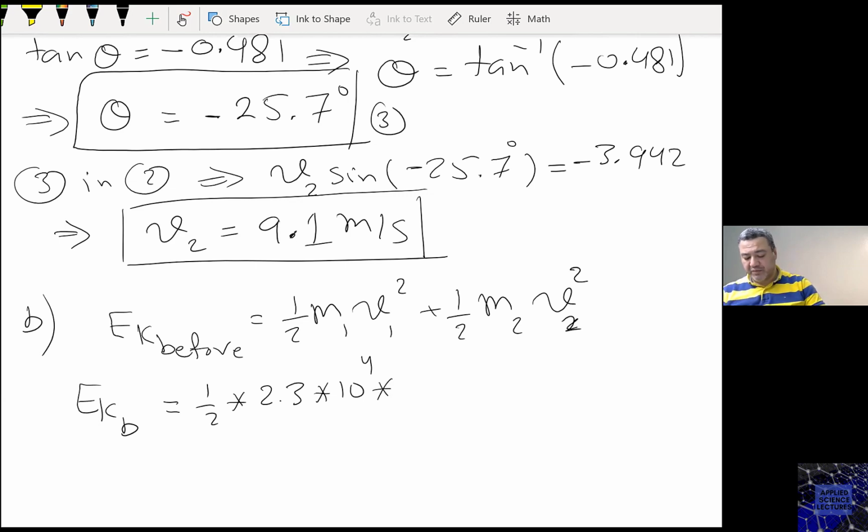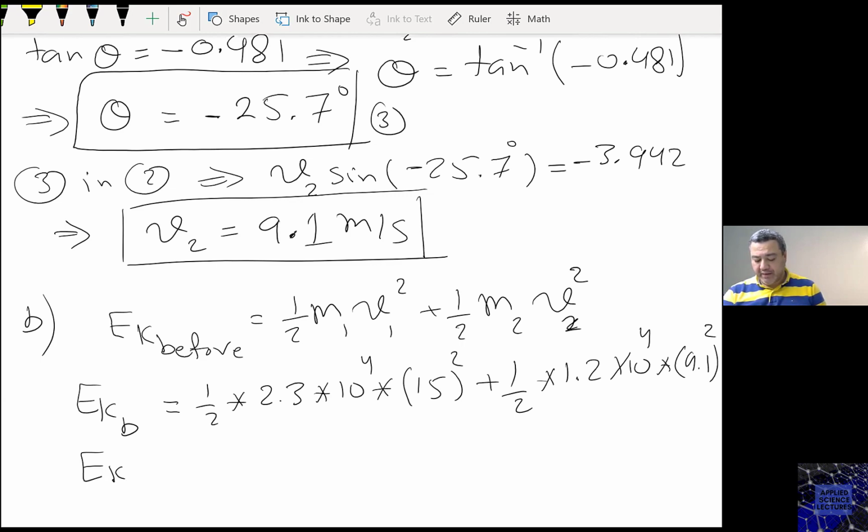The velocity V1 was 15 meters per second, plus half M2 was 1.2 times 10 to the power 4, and the velocity is what we found right now, which is 9.1 squared. EKB in this case is going to have 15 squared times 2.3 times 10 to the power 4 divided by 2.